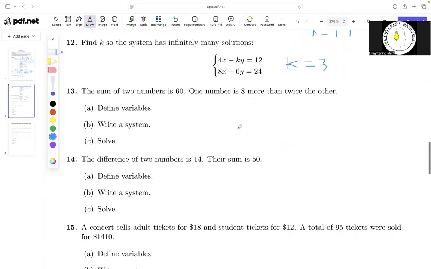So now we have the sum of two numbers is 60. One number is twice more than the other. So x plus y.